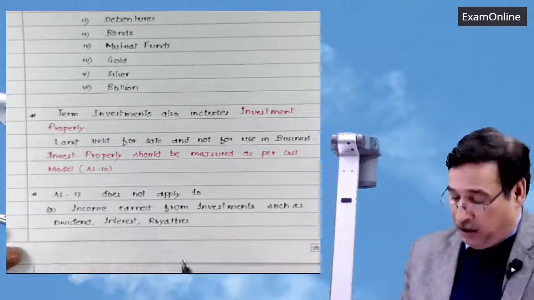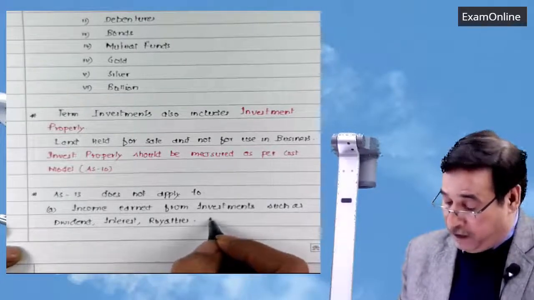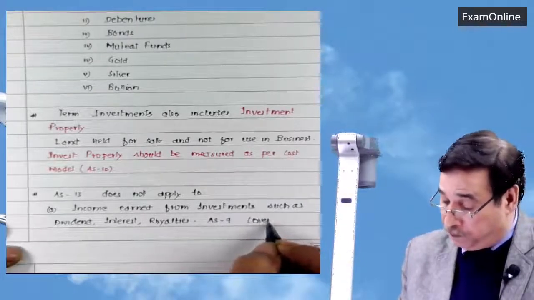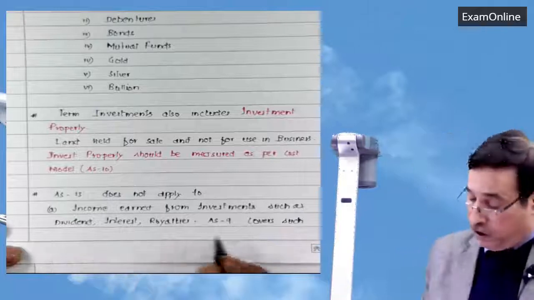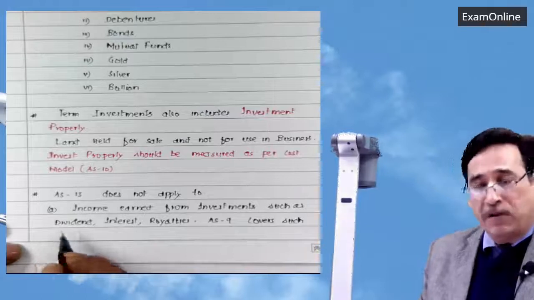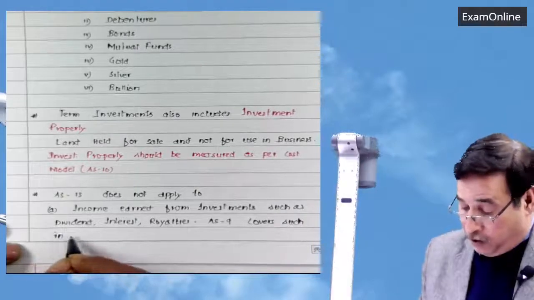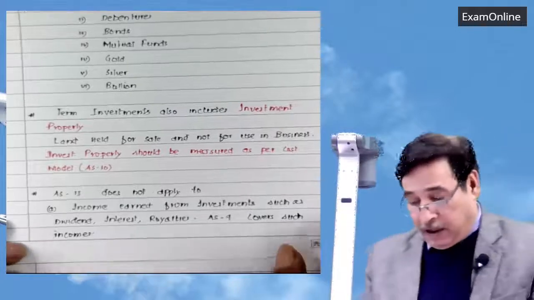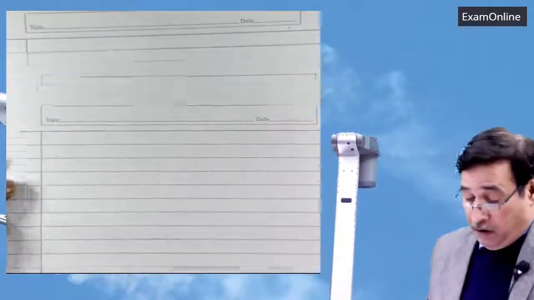Such incomes are covered by AS9, which deals with revenue recognition, isn't it? You must have covered that already. So AS9 covers such incomes. That is the reason why it is not covered by AS13. This is the first exception.